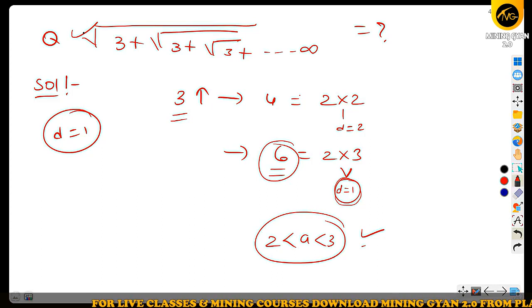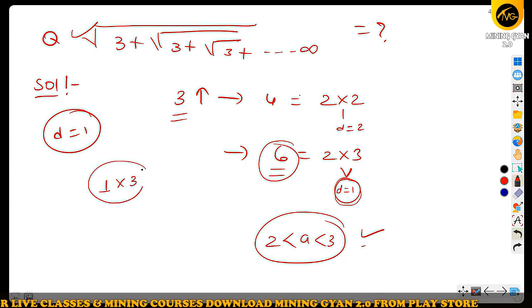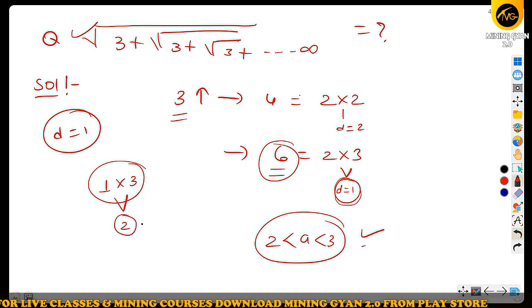Why can't we take 1 into 3? The difference between 1 and 3 is equal to 2. So we cannot use any breakdown whose factors have a difference of 2. Just remember, the difference should be just 1.